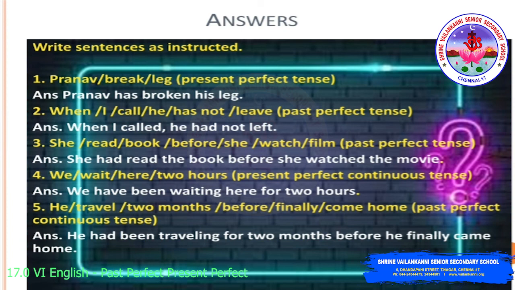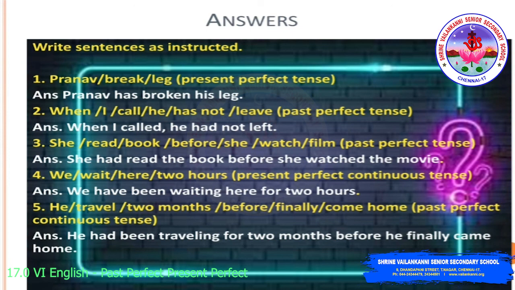Next, present perfect continuous tense. We have been waiting here for 2 hours. Wait is changed to waiting because it is present perfect continuous tense. Next, past perfect continuous tense.